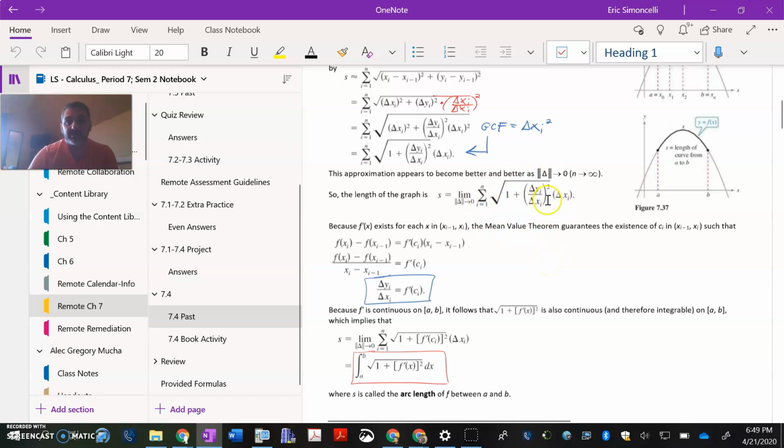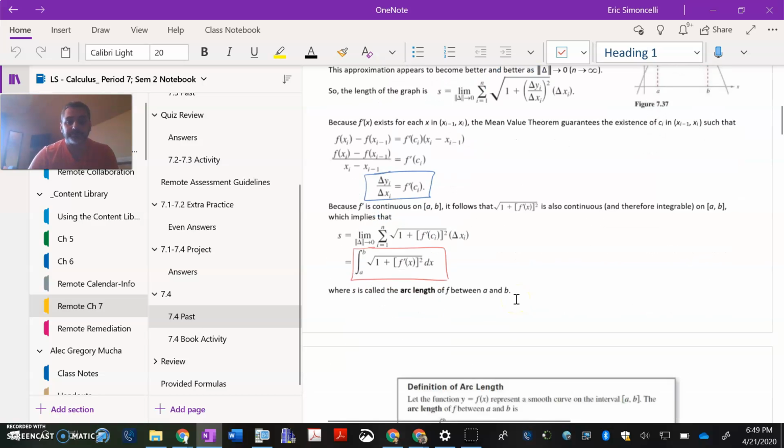If you go back to the step where, again, the first time we saw the limit, the GCF factoring of the prior steps allowed us to use 1 plus this quotient quantity squared. So that's where the 1 plus f prime of x comes from, or why it's the way that it is.